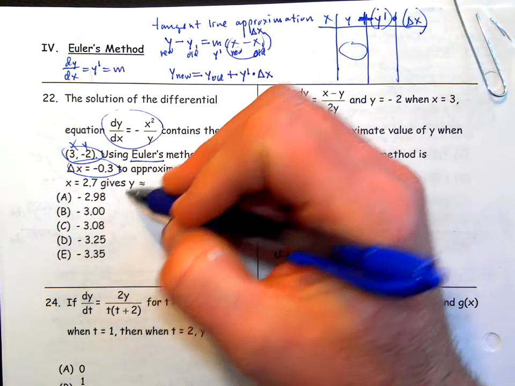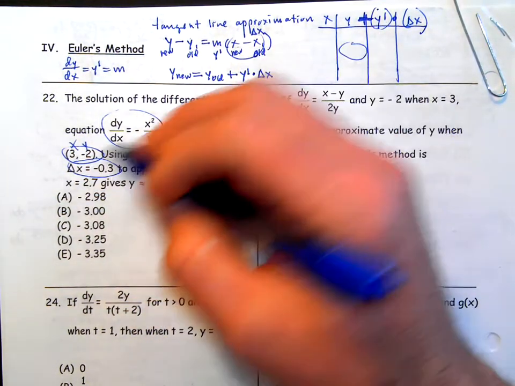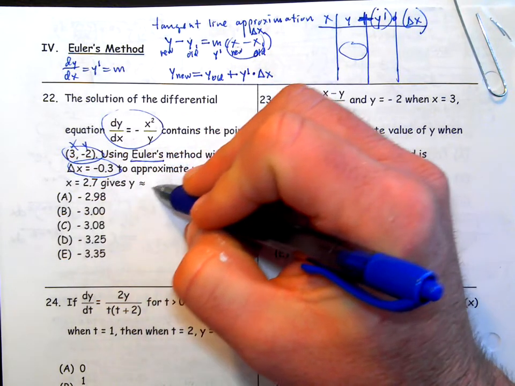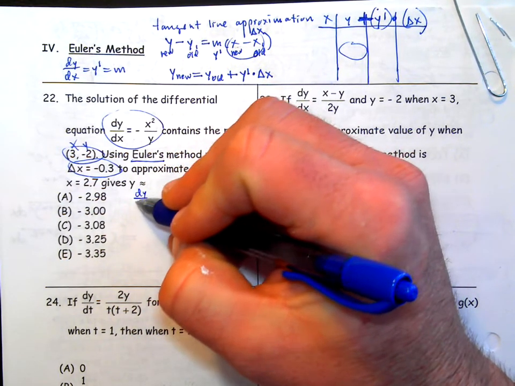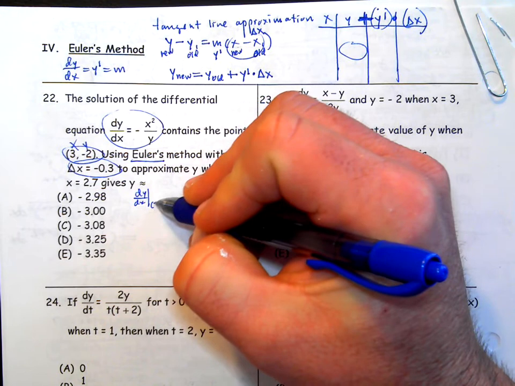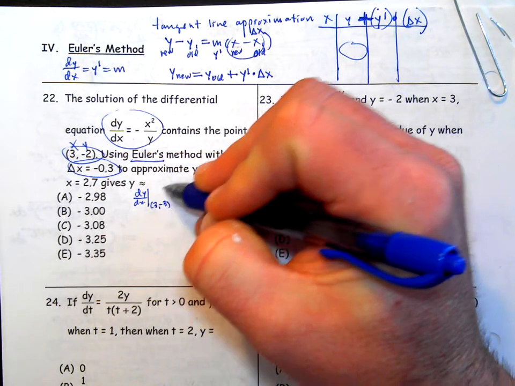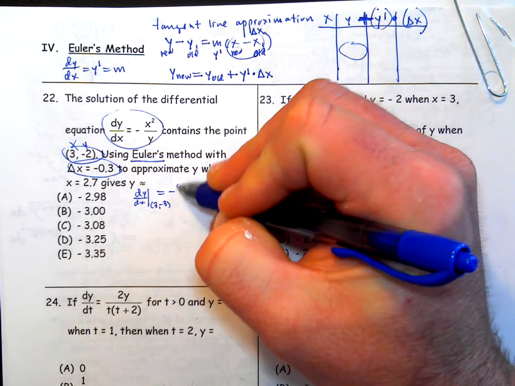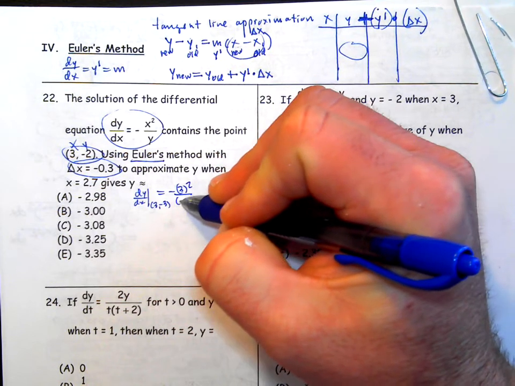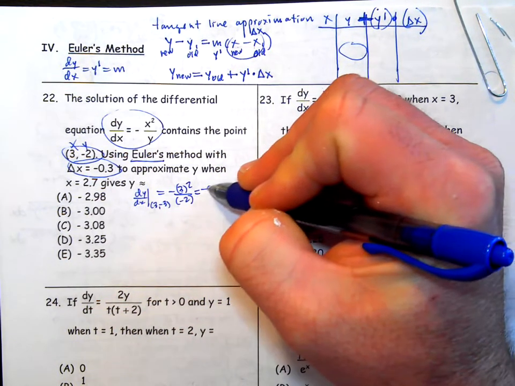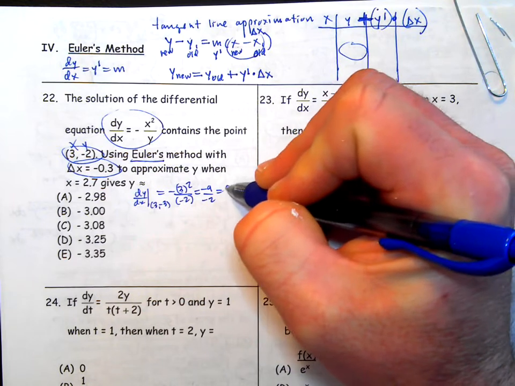So you could say, okay, well, let's just write the equation of the tangent line. Now, you do need to find the slope, dy/dx at 3, negative 2, and you have this equation. So you plug those in, and you get negative 9 over negative 2 equals 9 halves.